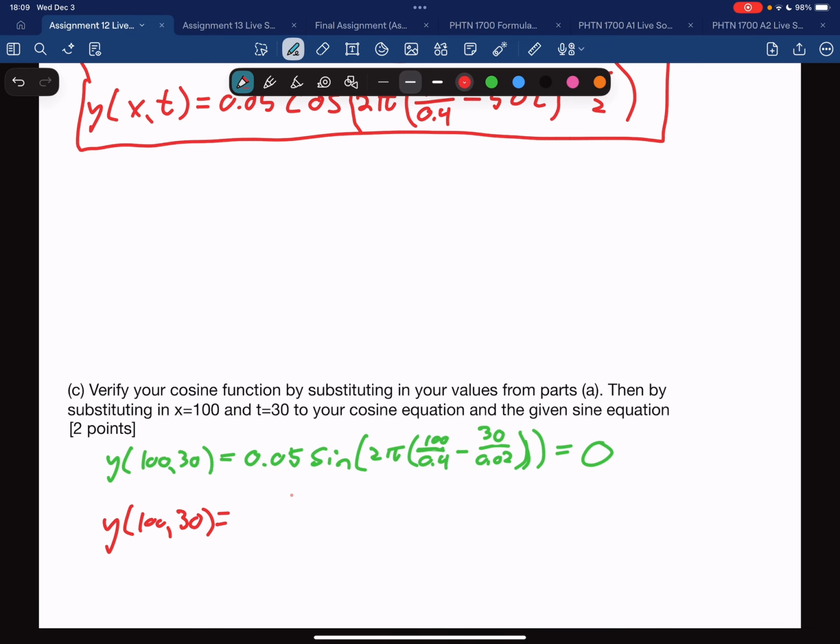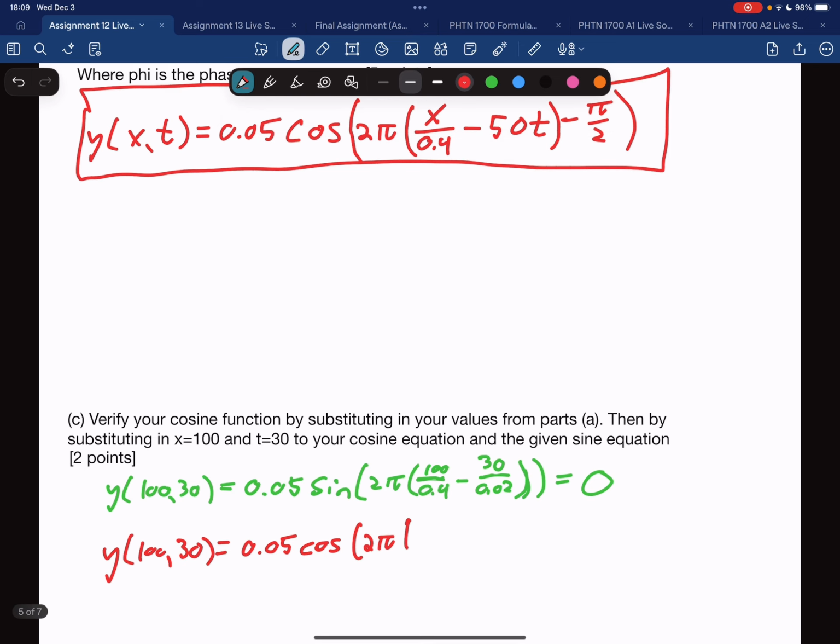So for the other one, it's going to look very similar.